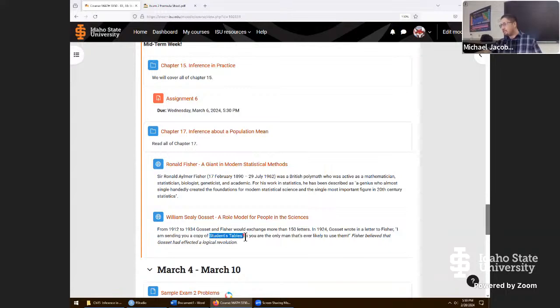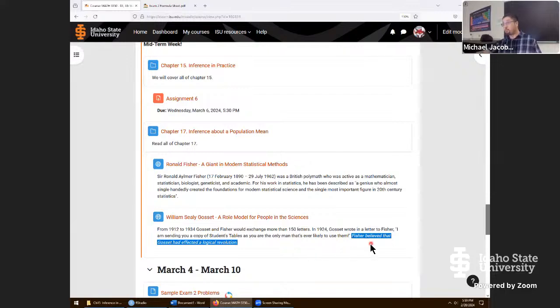He published under the name Student, and the reason he did that was the Guinness Brewing Company considered his knowledge of the t distribution a trade secret at that point. But he and Fisher were not emailing, they were writing actual letters to each other, and they believed that this knowledge had to be set free.